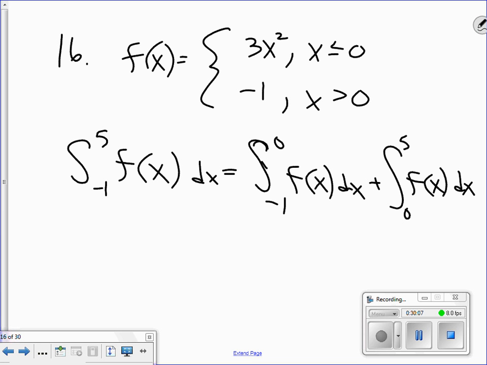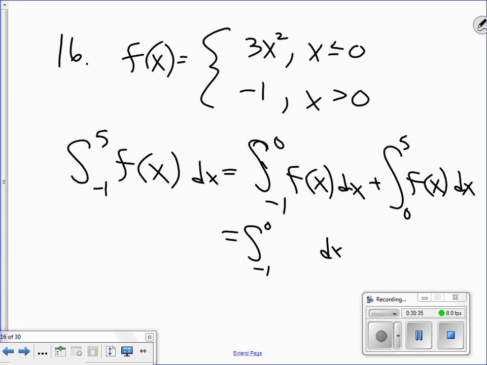Here's the thing. With a piecewise function, f of x is not always the same thing. It's not like I could just put in the 3x squared or the negative 1, because it depends on the value of x. But if you break up the definite integral from -1 to 5 at 0, because that's where my piecewise function splits, now I know what I can put in for f of x.